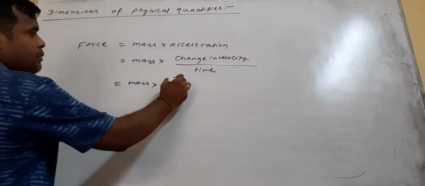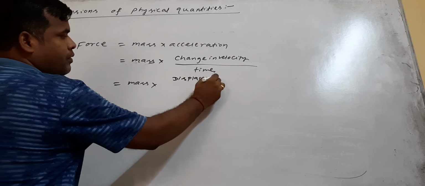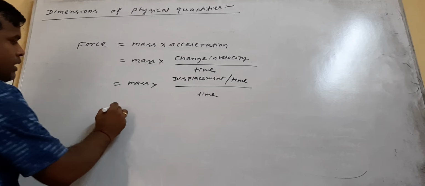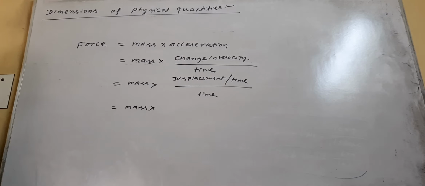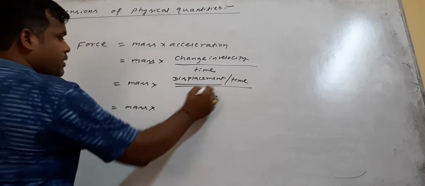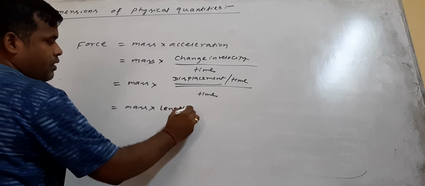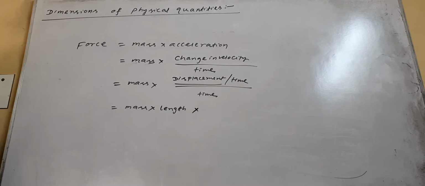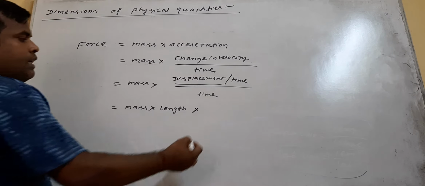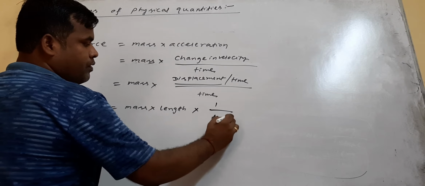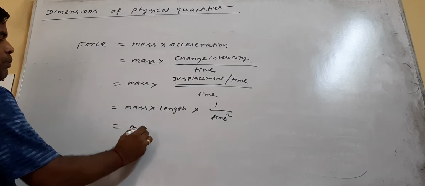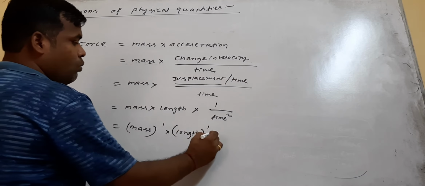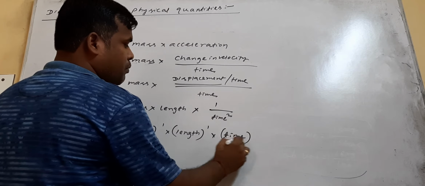That means displacement by time, divided by time. It is your mass, displacement, that is your length, divided by time, again in the denominator you have time, that is 1 by time square, that equals mass to the power 1, length to the power 1, time to the power minus 2.